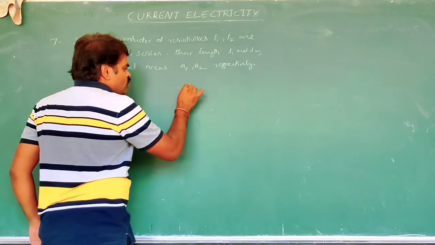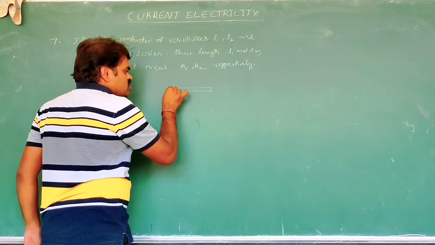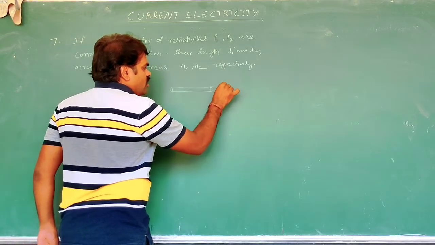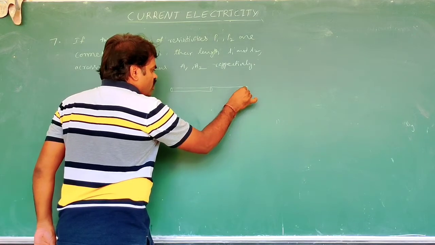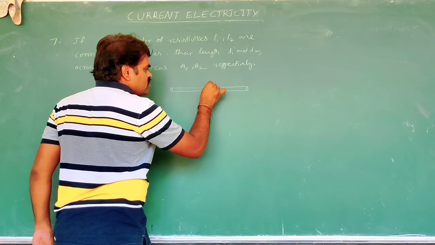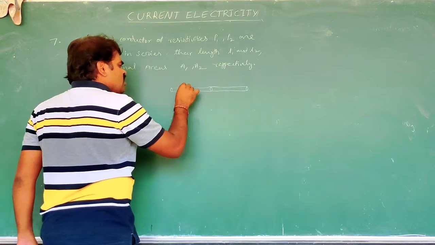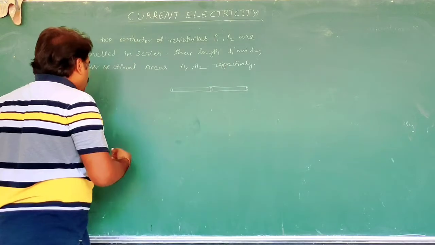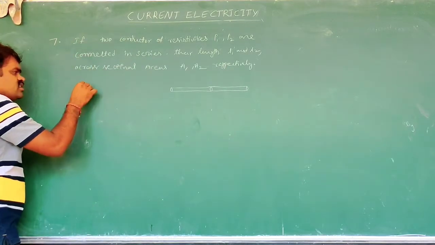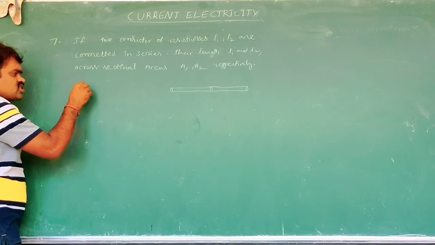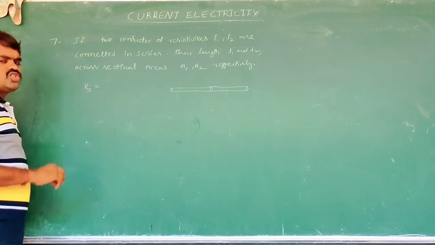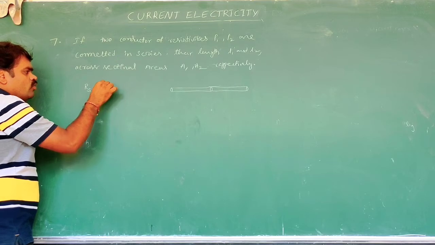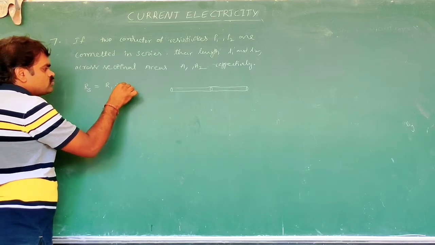Here, this is conductor 1 and this is conductor 2, connected in series. In the series combination, the resistance Rs is equal to R1 plus R2.